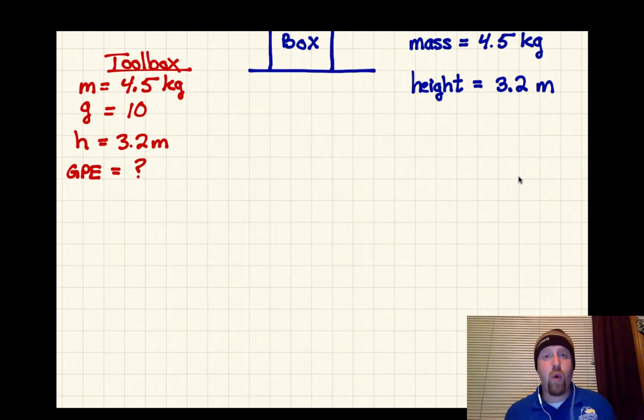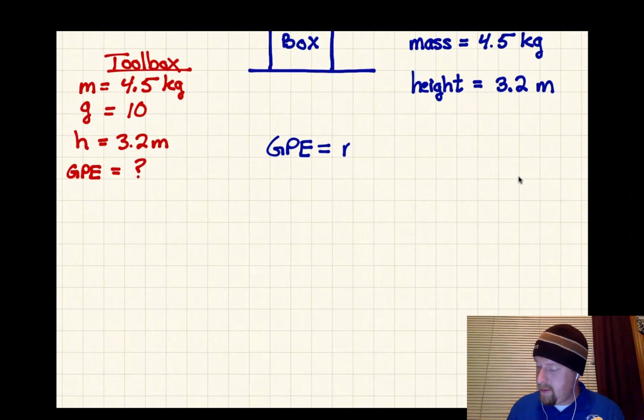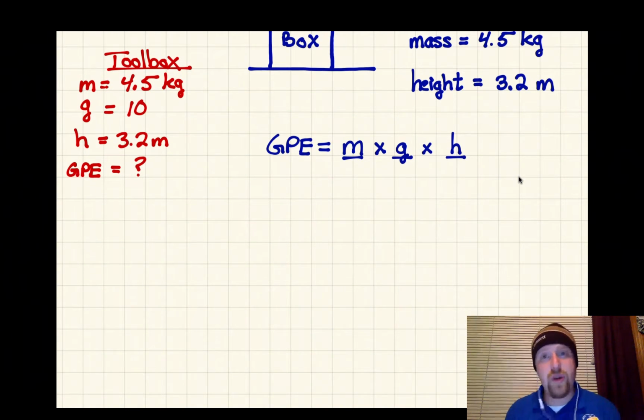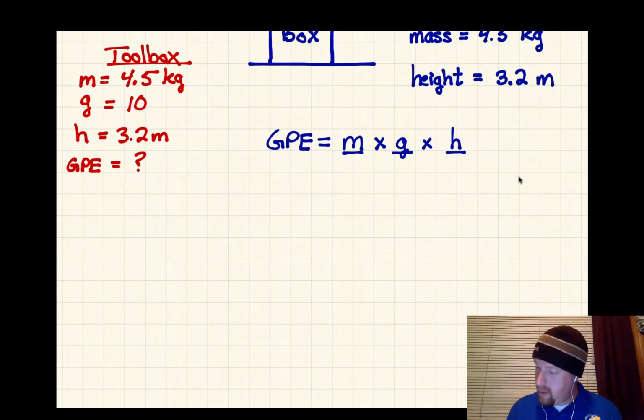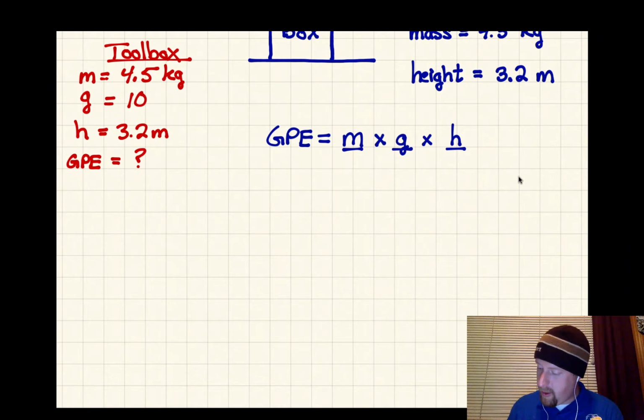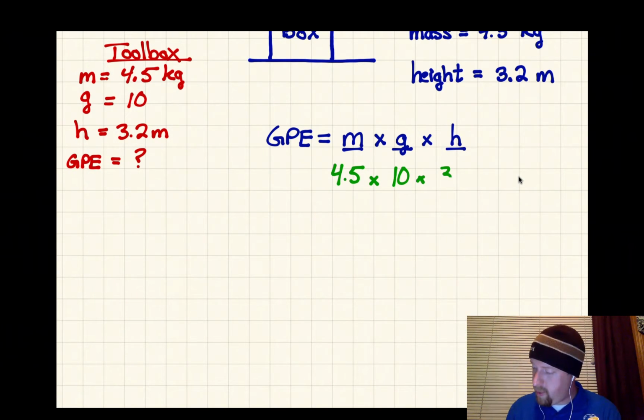We don't know GPE, and that's where the question mark comes into play. We have more than enough information. So I write my equation: gravitational potential energy equals mass times gravity times height. All I do at this point is plug in my numbers: 4.5 times 10 times 3.2.